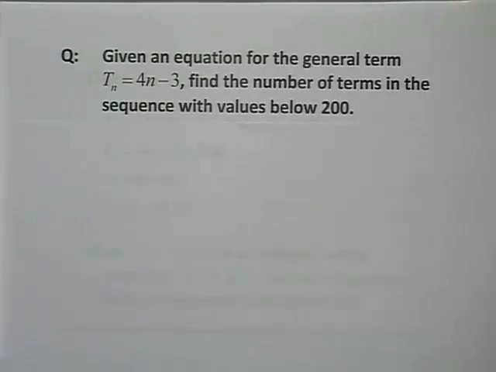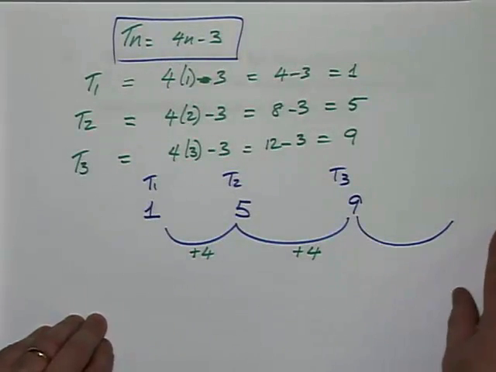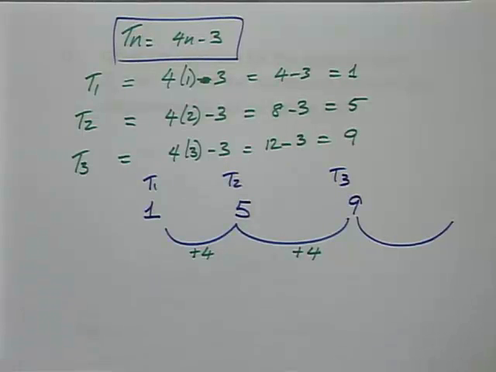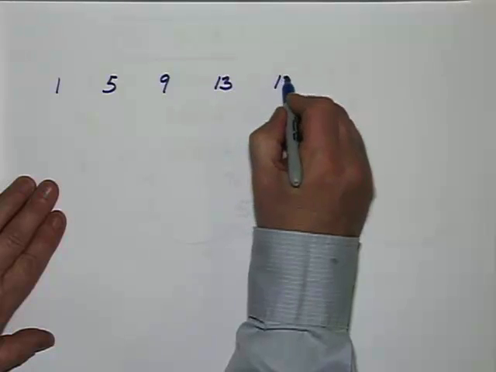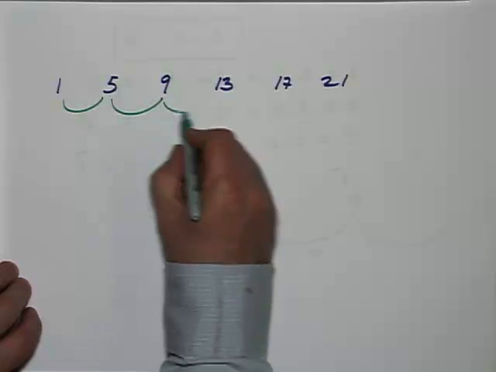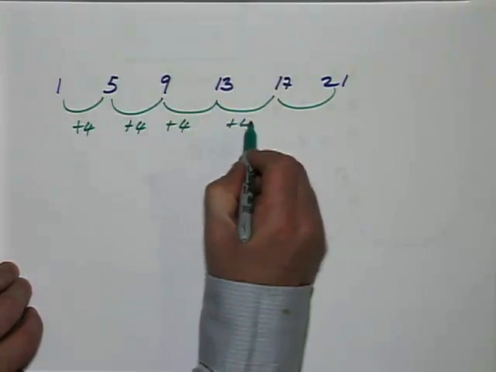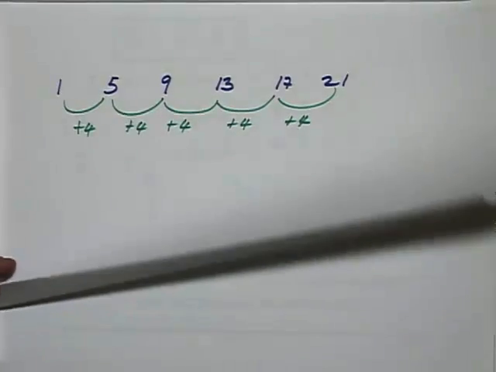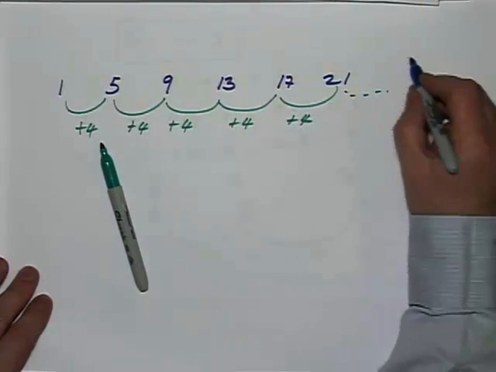So basically, if I had 1, 5, 9, presumably 13, etc., going forward, we can write in a few of them. 1, 5, 9, 13, 17, 21, all the time conscious that I'm adding the 4, plus 4, plus 4, plus 4. The question asked is, how many of these do you get up to the point 200?